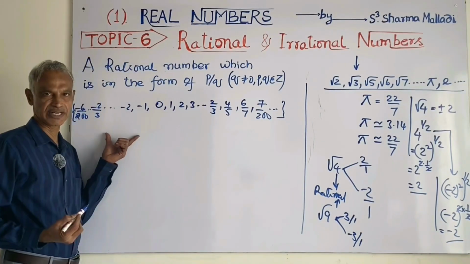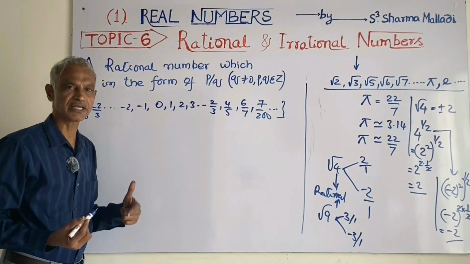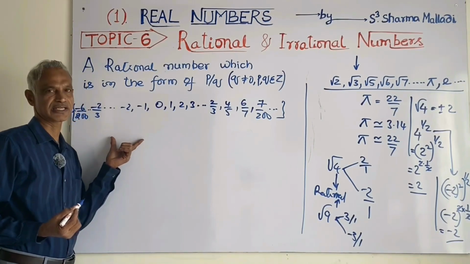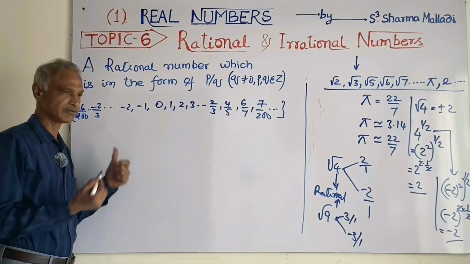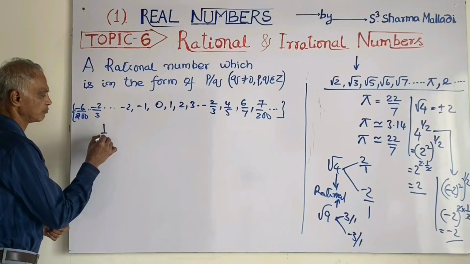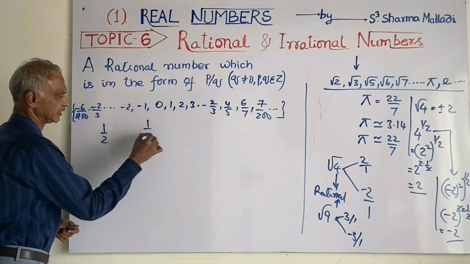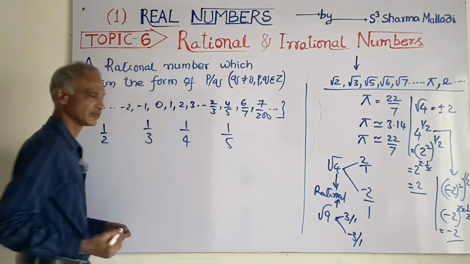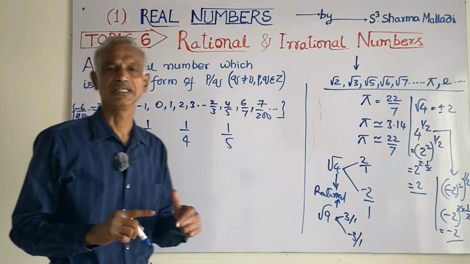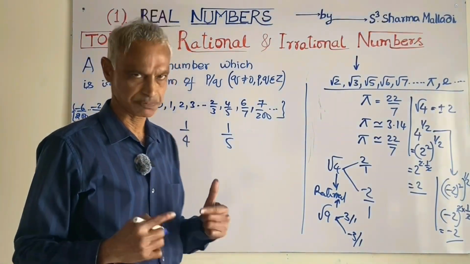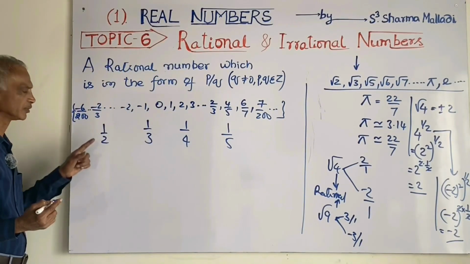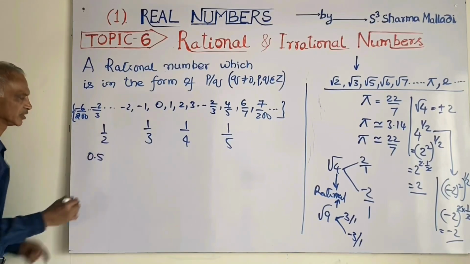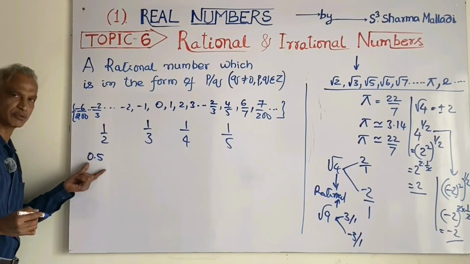These are rational numbers. You have terminating and non-terminating decimal expansions in rational numbers. I will take some examples: 1 by 2, 1 by 3, 1 by 4, 1 by 5. See what terminating and non-terminating decimal expansions are. How can you write 1 by 2? It can be written as 0.5. If you divide 1 by 2, you will get 0.5.